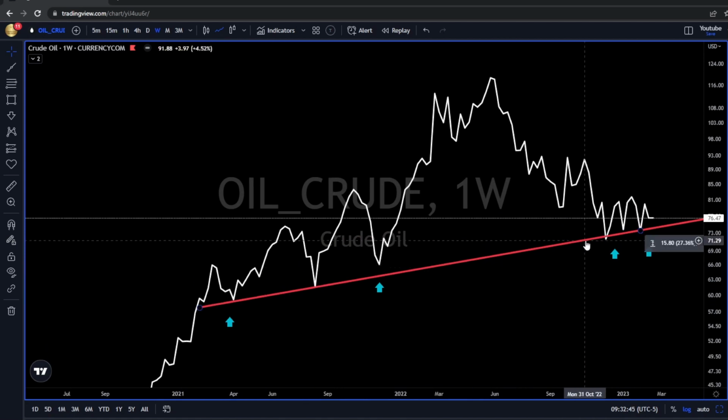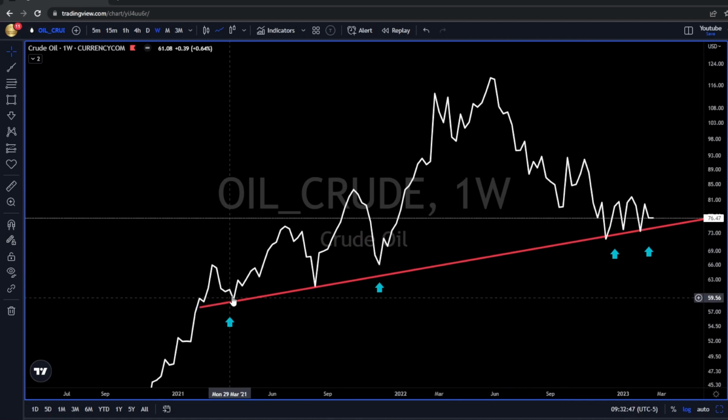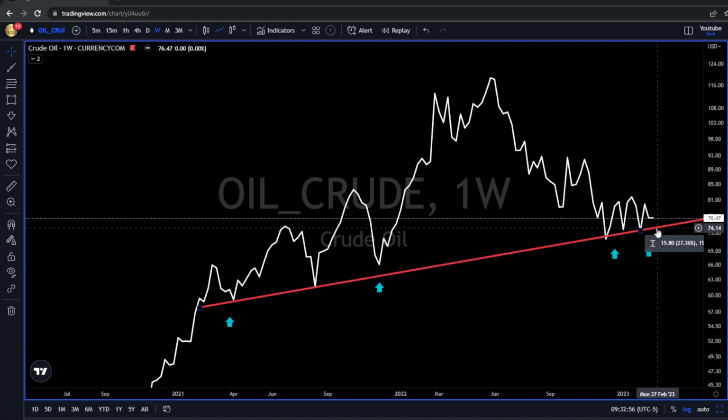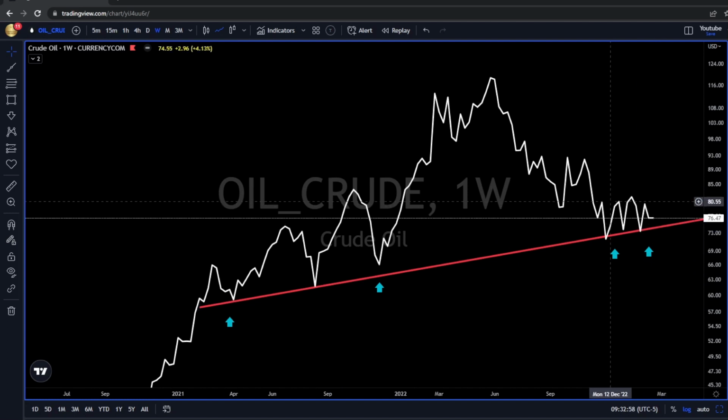And you can see this trend line over here. Each and every time price reached, bounce, reached, bounce, bounce, bounce, bounce. Now let's see if it can bounce once again. And then we have all this area, the 81, 80 area, which is a very strong resistance.